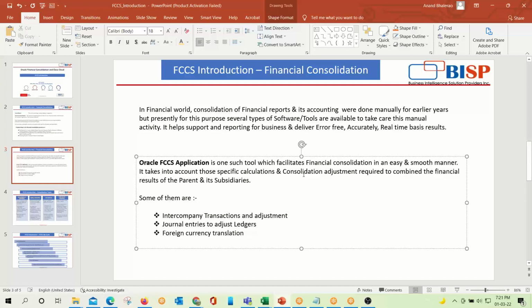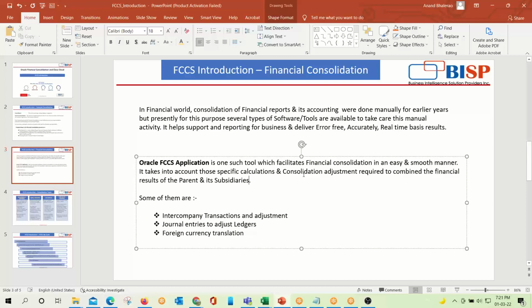It provides some benefits. It makes certain adjustments and calculations which we are supposed to do manually, which is a very complex and error-prone activity, and they are handled by the application in a very smooth manner.